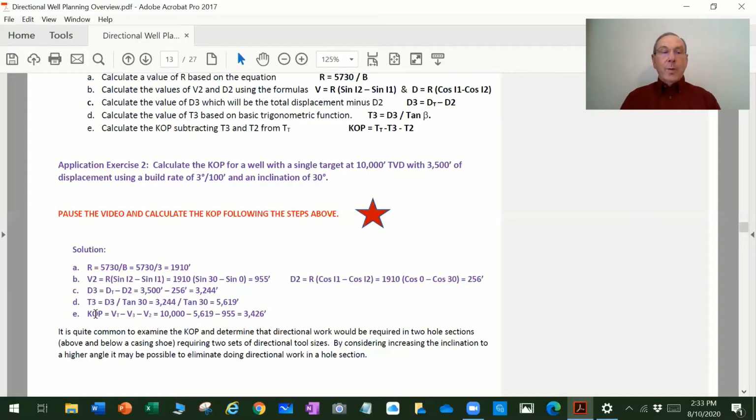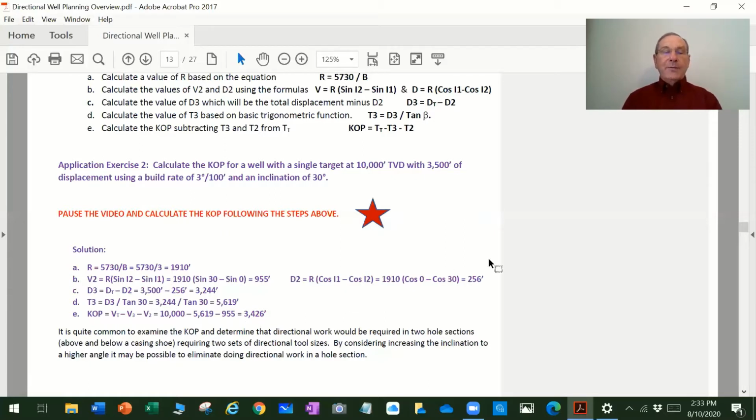The kickoff point is going to be the total vertical depth, which is 10,000 feet, minus the vertical depth that we get while we're holding angle, minus the vertical depth we get while we're making our angle change. And so that gives us a kickoff point of 3,426 feet.